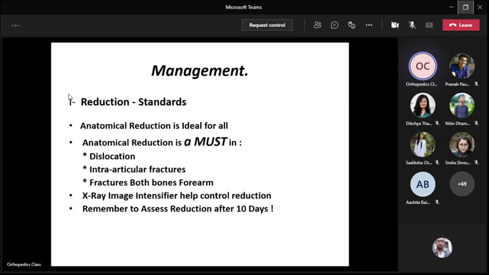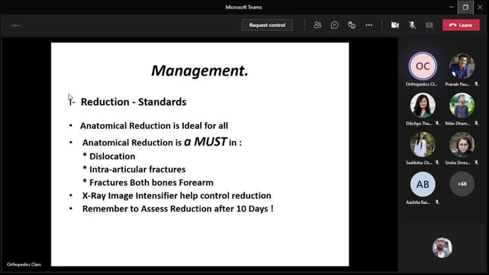So if the fracture is around the joint, you need an anatomical reduction. That means it must be as near to the anatomical position. For the diaphyseal and metaphyseal, we need a functional alignment. So there are two terms. Any fracture which is intra-articular, which involves the joint, we need anatomical reduction. That means there shouldn't be a step, there shouldn't be any gap.